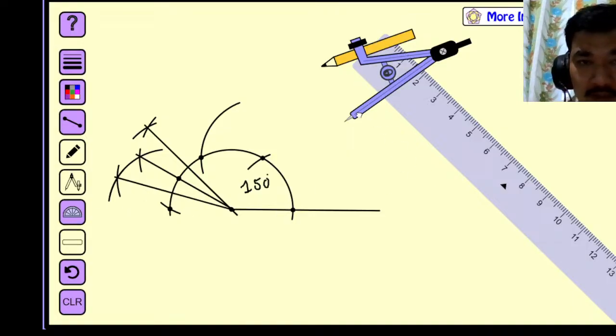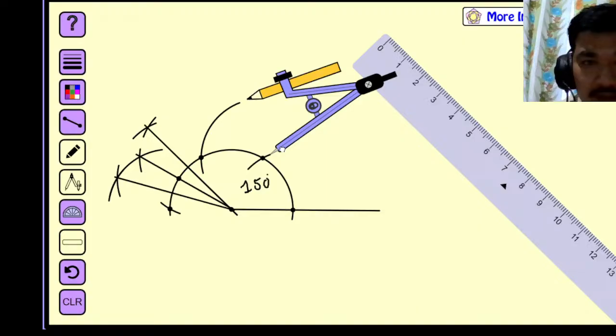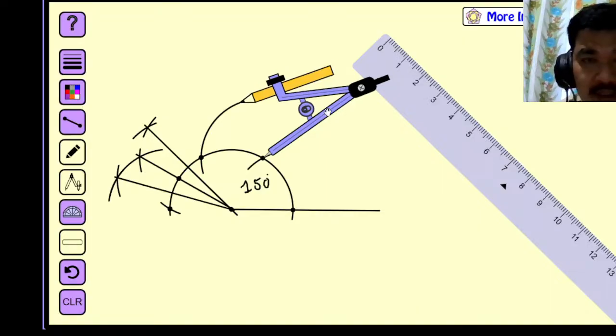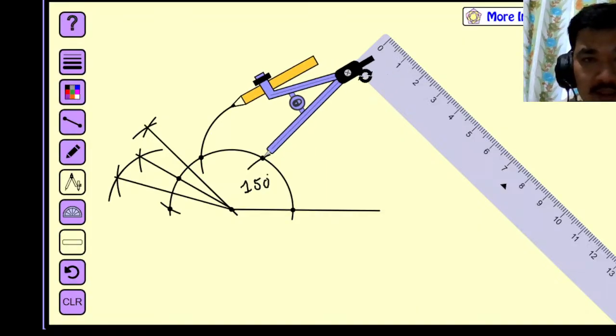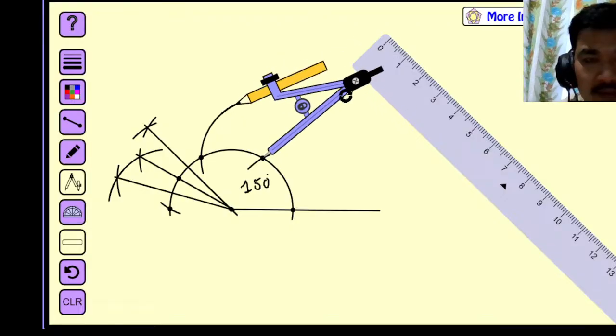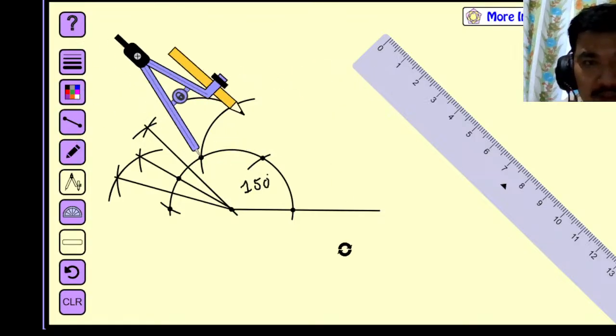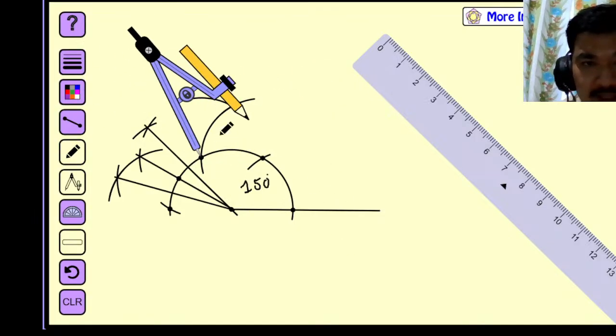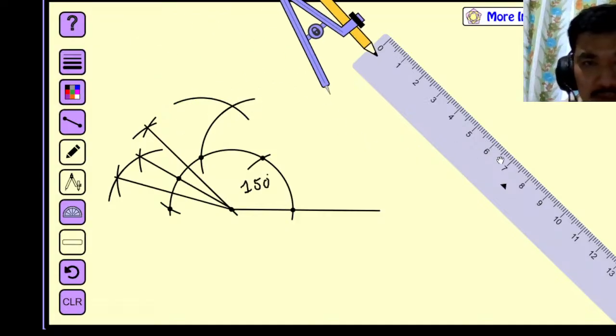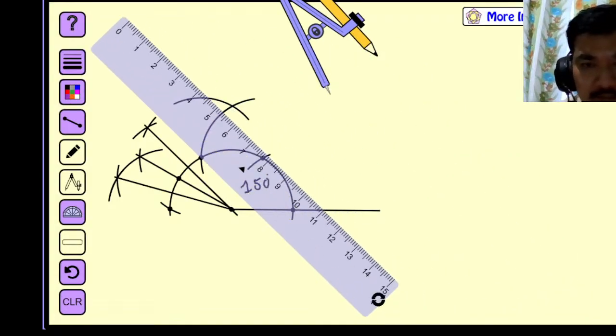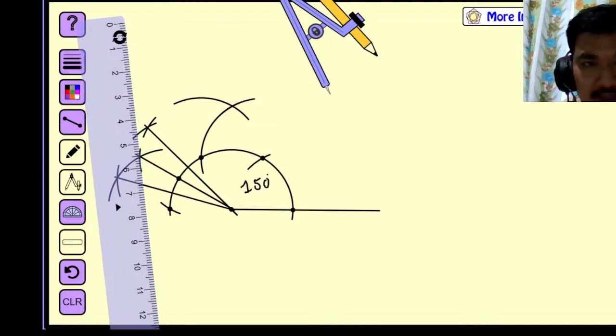Now with the help of this, look here, put here at 60, and cut like this, 120. Up if you take it will be 90. Now cut from 120 to this side, this is 90. For 90, we have to join now here, like this.